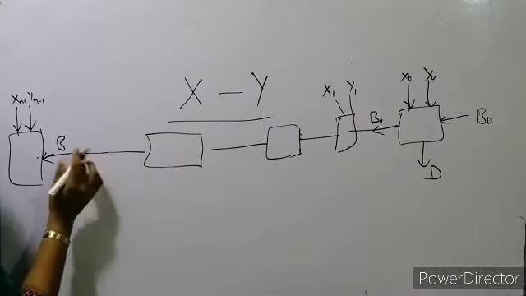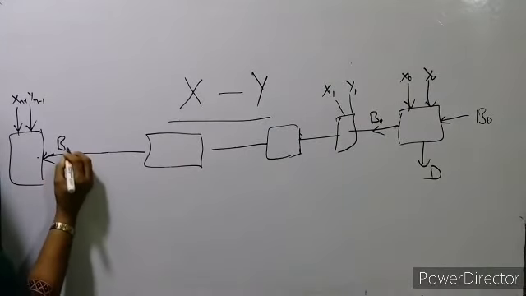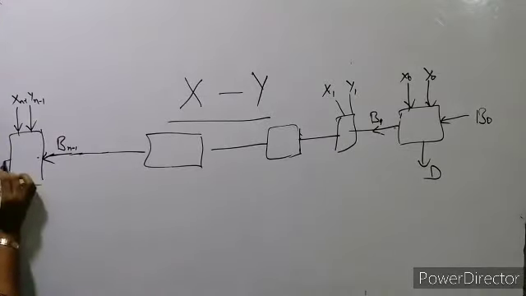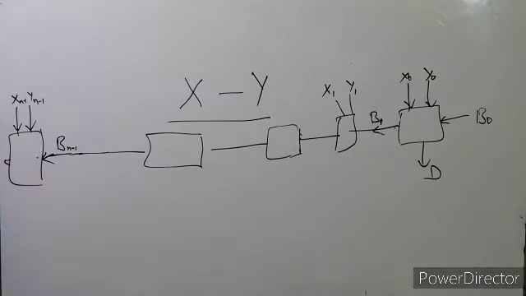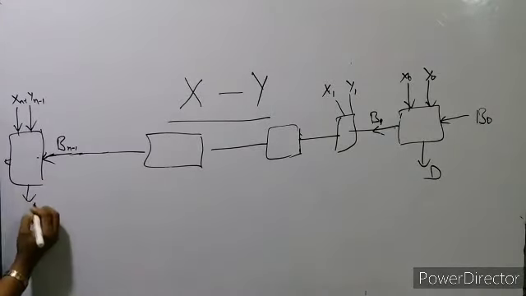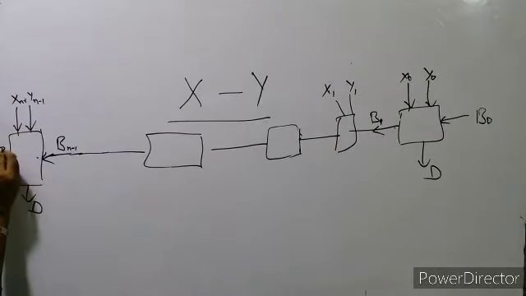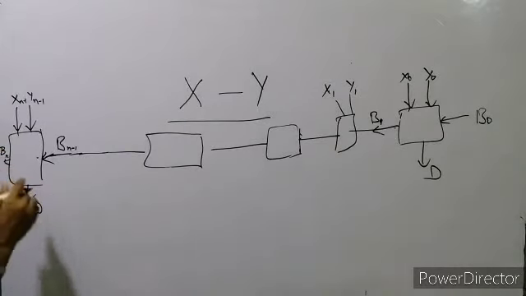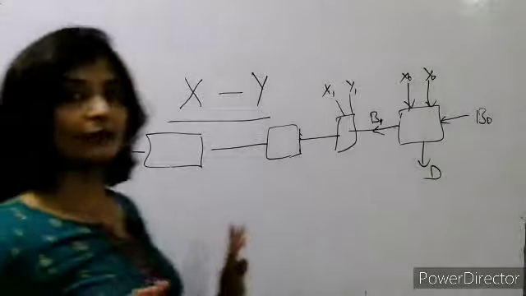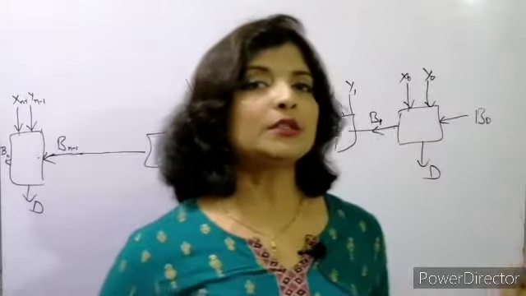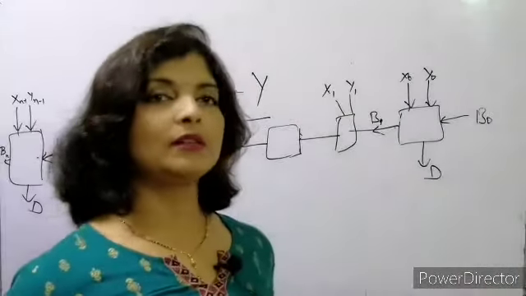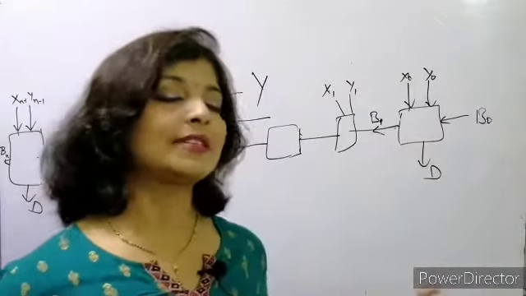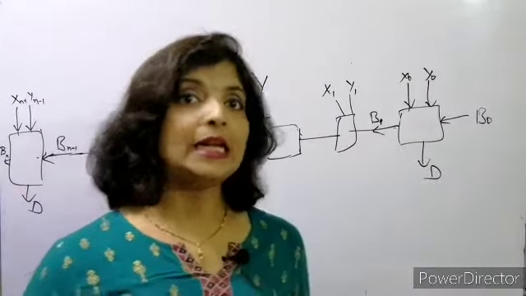Here what we get will be bn minus 1. There will be two outputs, one is difference and another is b out. So this b out will be bn. Similar to what we have done for adders, the same thing we have to do here for designing an n-bit binary subtractor.